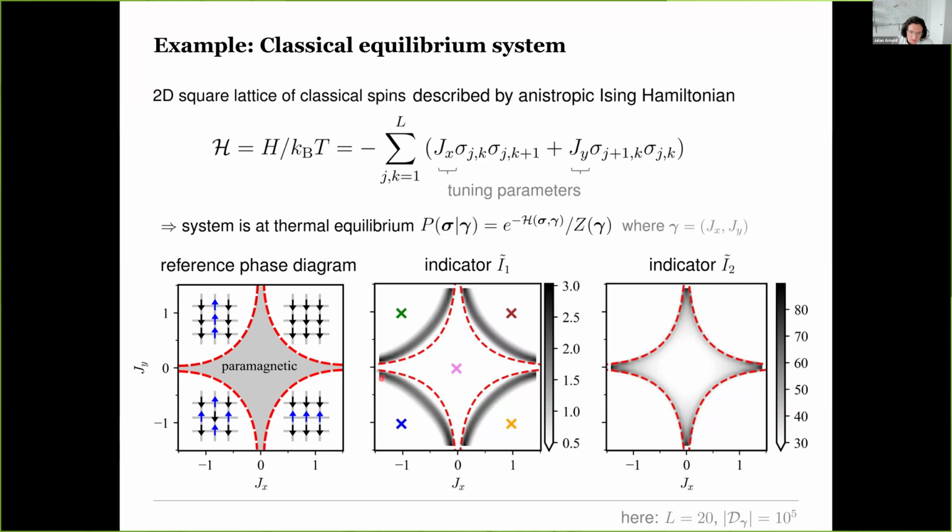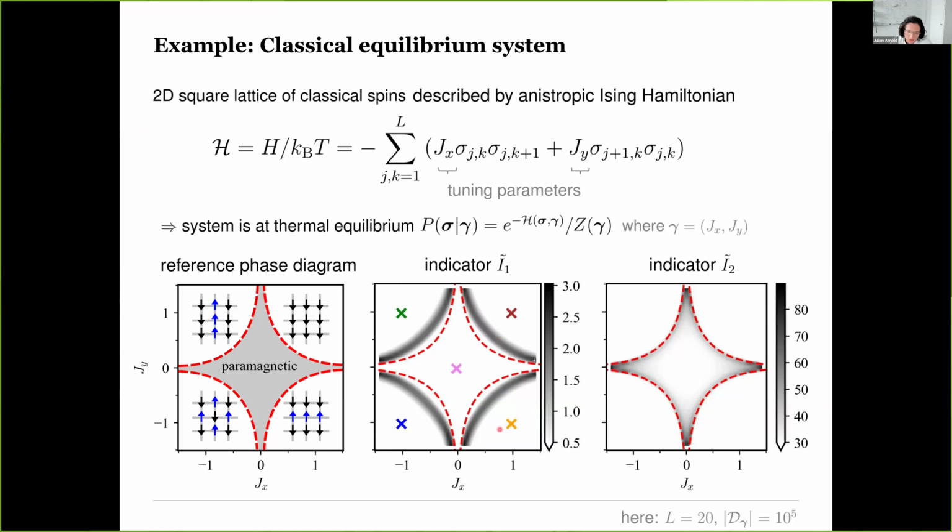And you see that the local maxima in this indicator are close to the true phase boundary, which is shown in red. And if we move these crosses closer to the true phase boundary, so we basically give more information about the location of the phases, these indicator curves would approach the true phase boundary.